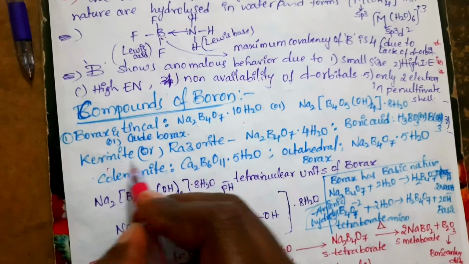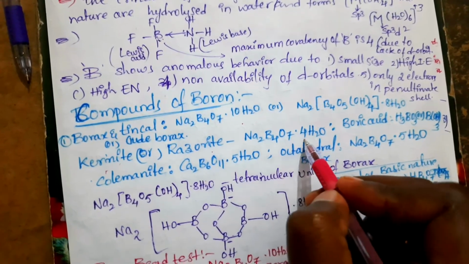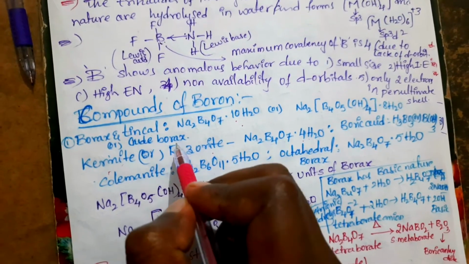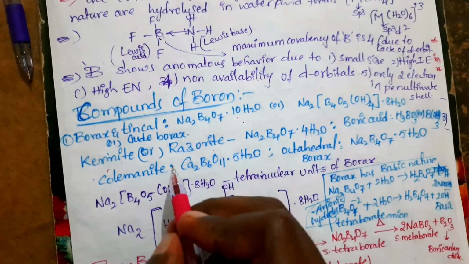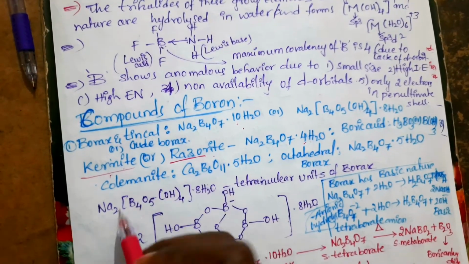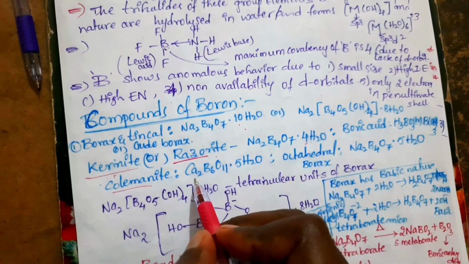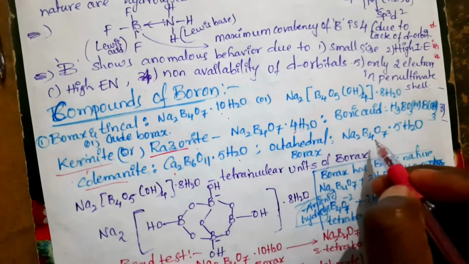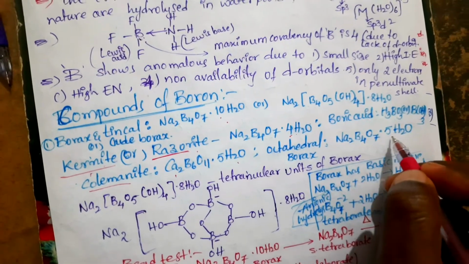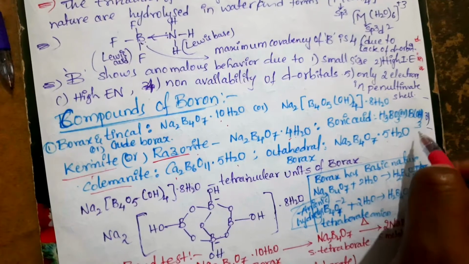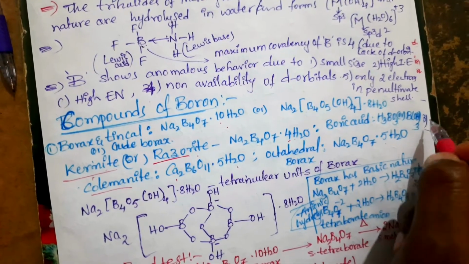Na2B4O7.4H2O is kernite or razorite, while Na2B4O7.10H2O is borax or Tincal or crude borax. Colemanite is Ca2B6O11.5H2O. Octahedral borax is Na2B4O7.5H2O. Boric acid is H3BO3 or B(OH)3.